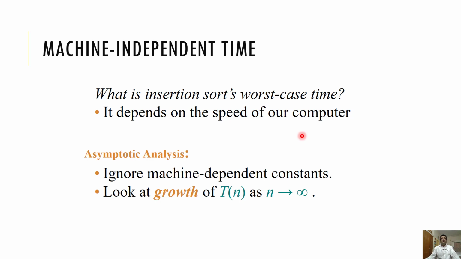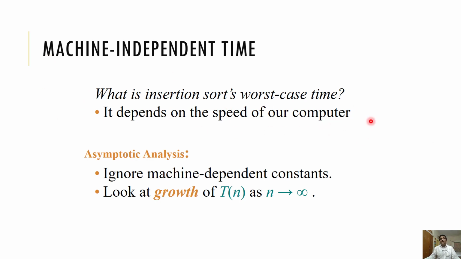So, obviously which one will take less time? The Core Duo processor will take less time, because it will depend on the speed of the computer. It will compare two elements and do the assignment faster, because its adder and multiplexer are all very fast. So the runtime will depend on the speed of the computer.